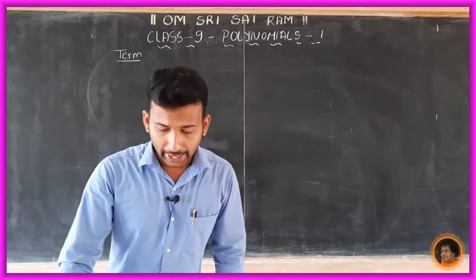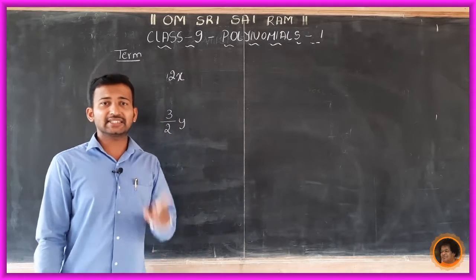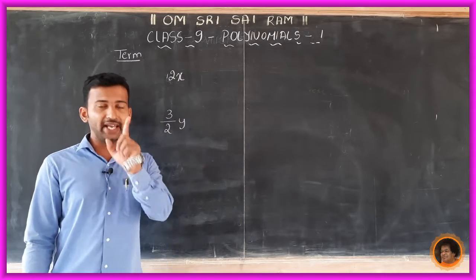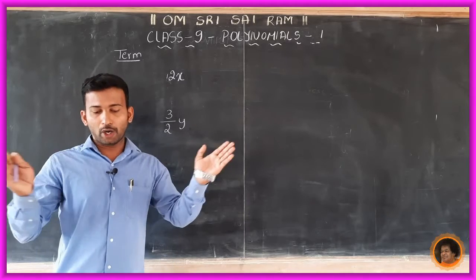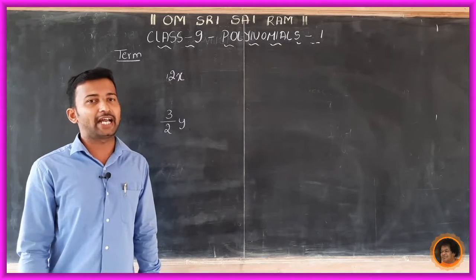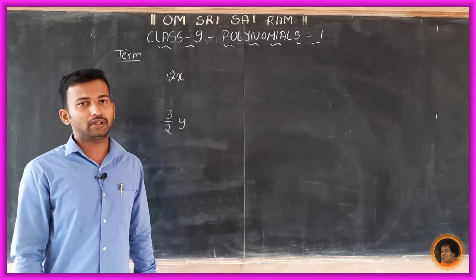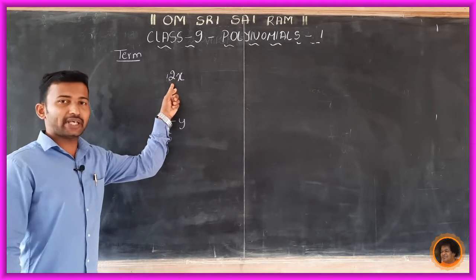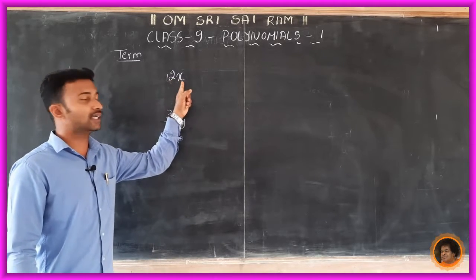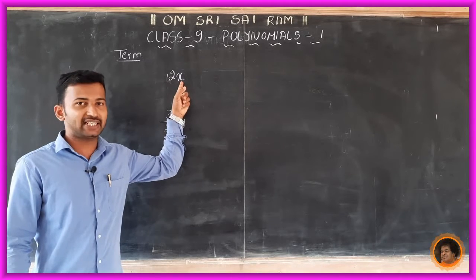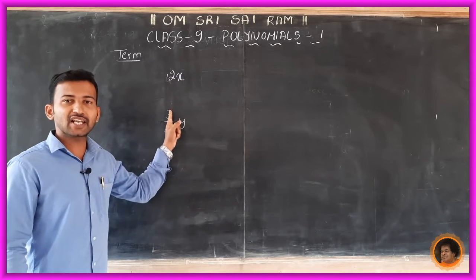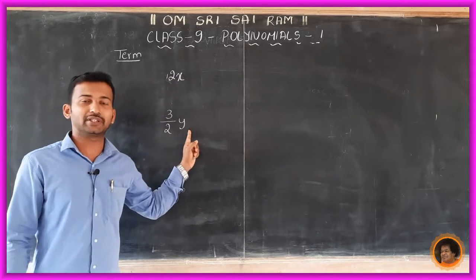Or a term is either a single number or a variable or a product of several numbers and variables. In 2x, 2 is the numerical coefficient of x, and in the next, 3/2 is the numerical coefficient of y.